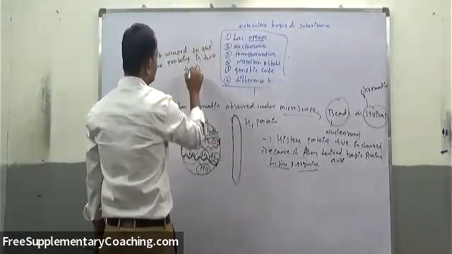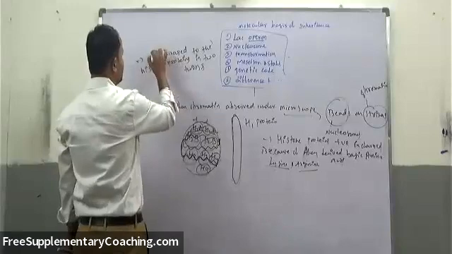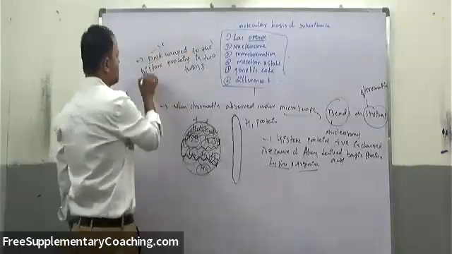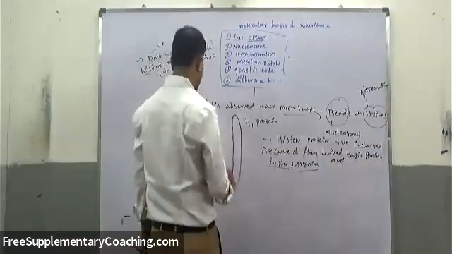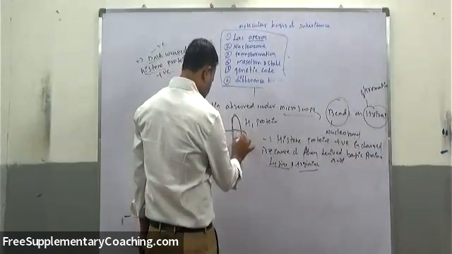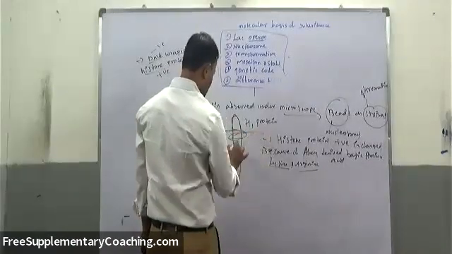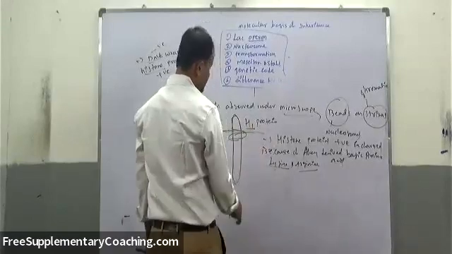Now this DNA is negatively charged and the histone proteins are positively charged, so positive and negative attract each other. Then this chromatin is tightly bound to the H1 protein.